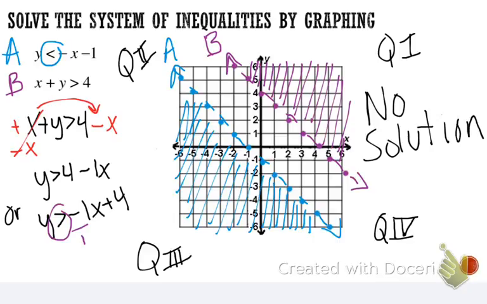First of all, they're parallel lines, so they're not sharing an area where they both shade. So no solution. So you cannot give me a point for a solution because they don't share a specific area. They're never going to share the area. So no solution. Okay.